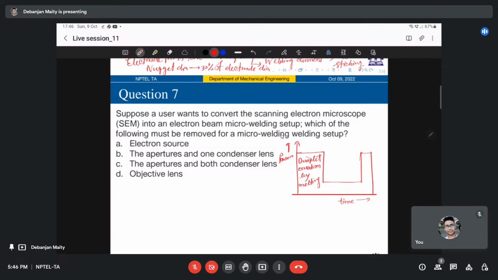So initially you create the droplet, then you move to the position where you want to deposit the droplet, and then finally the droplet is deposited here.